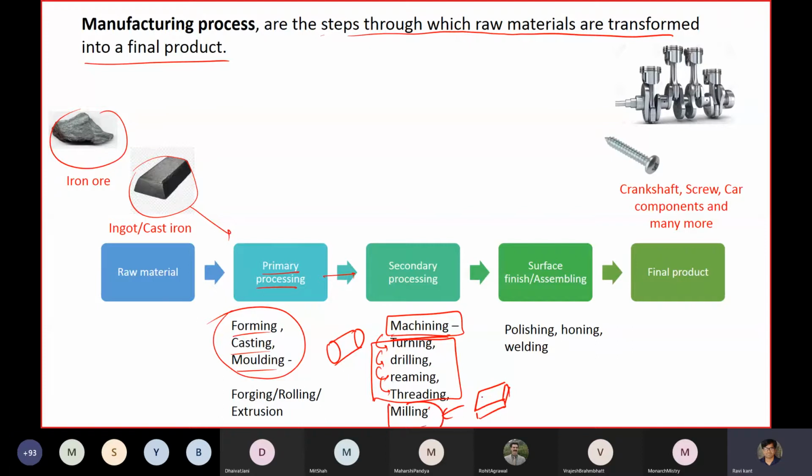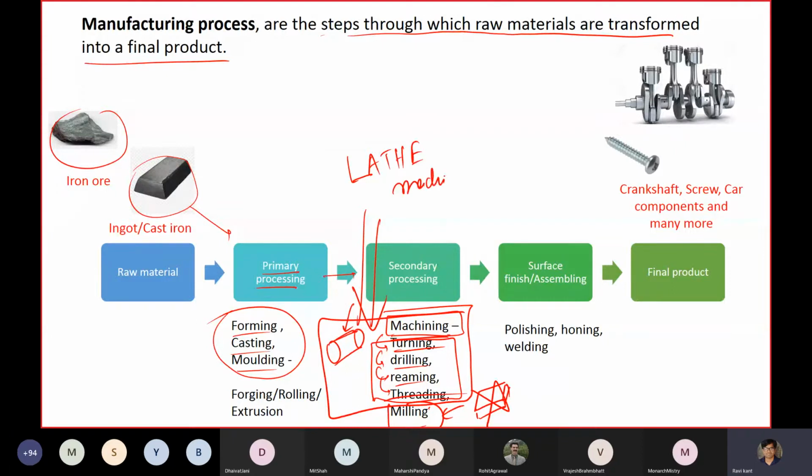We are not going to talk about the milling process in this particular experiment, but we are going to talk about the machining process. That too, your object or workpiece should be cylindrical in nature, which could be turned, drilled, reamed, threaded, and all sorts of things. And this could be achieved by your lathe machine. Okay, so this is where we lie.